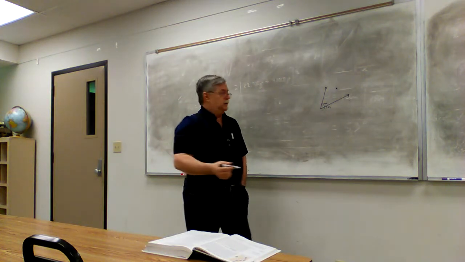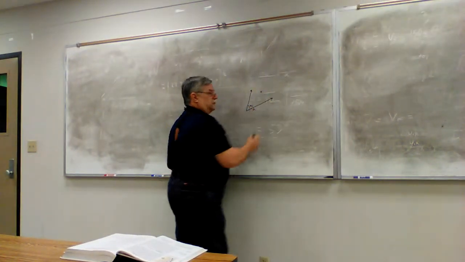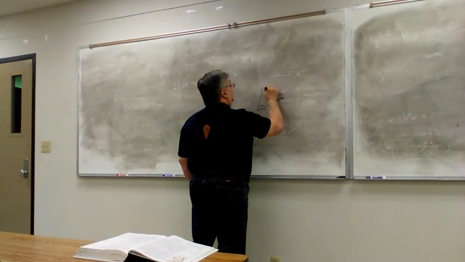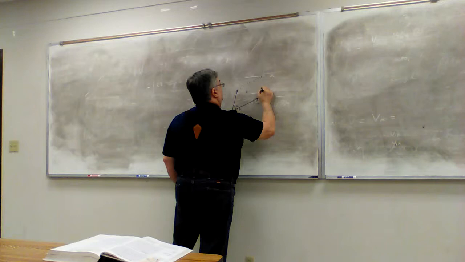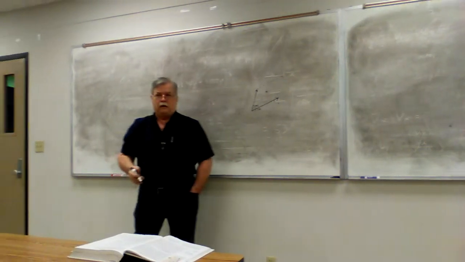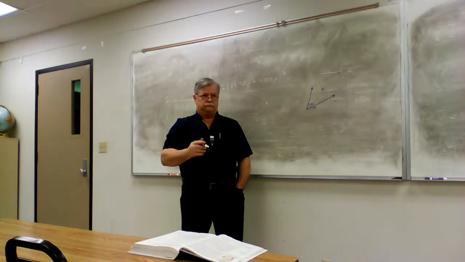Another way of looking at it is to complete the parallelogram. If you look at these two vectors as two sides of a parallelogram, you can complete the parallelogram here, and that will give you the resultant vector.